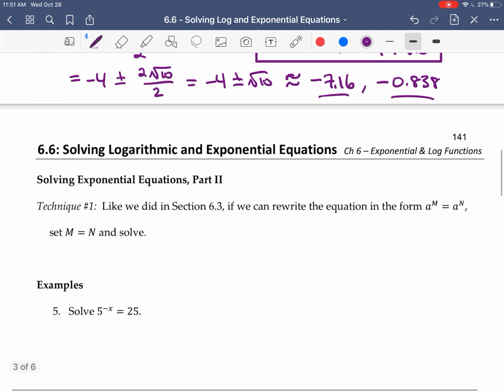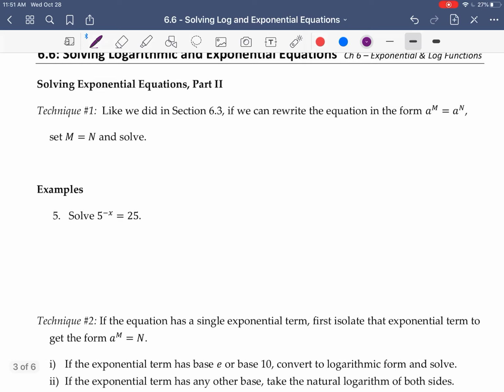So that's another type. So now exponential equations. This is technique number 1, which is what we did in section 6.3. If you can write it with the same base, then you can set the exponents to be equal.